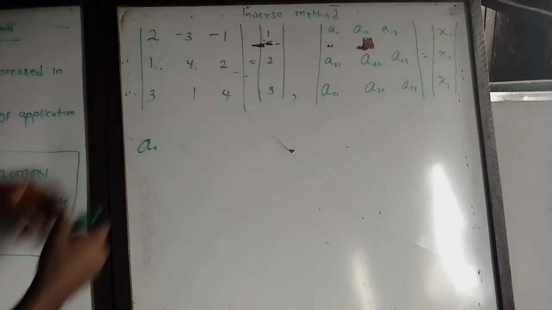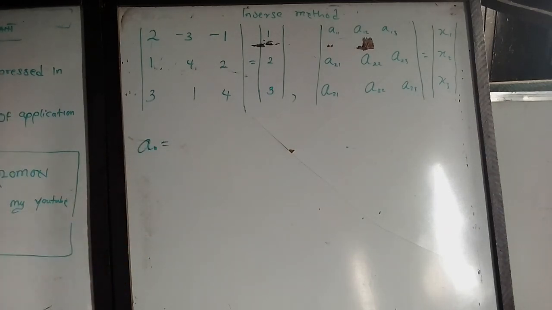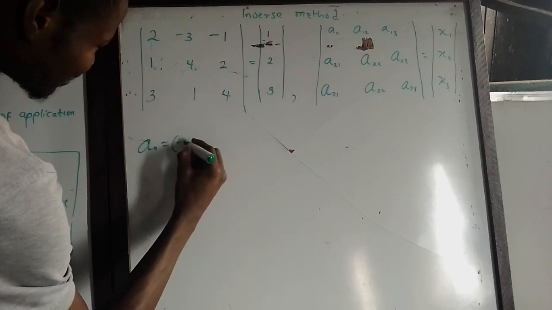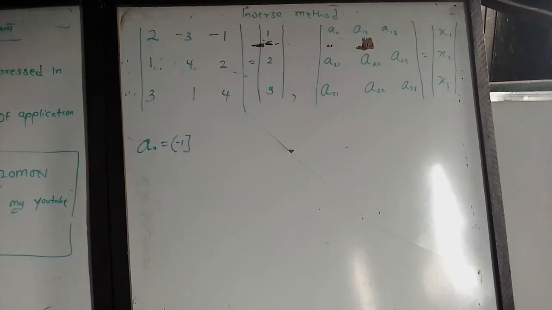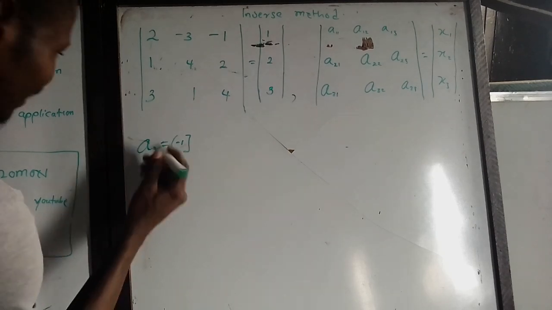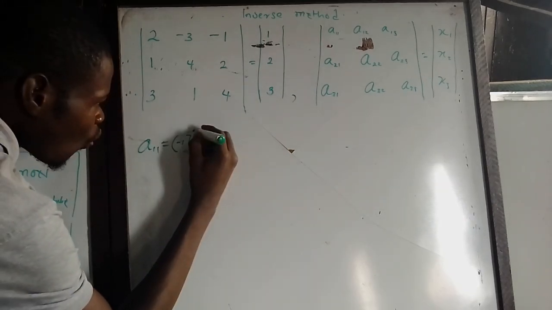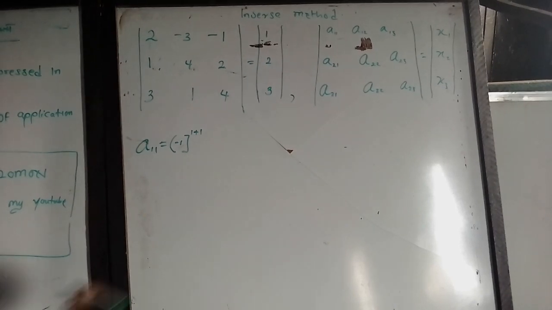If you are solving for the inverse matrix, always take note, minus 1 is constant. Then you say 1 plus 1, then you open your bracket.